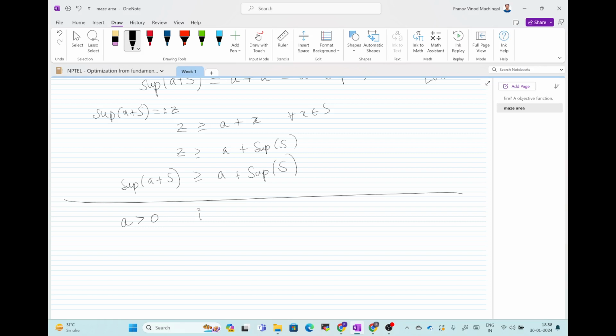Then is inf of aS equal to a times inf of S? Is this true or false?